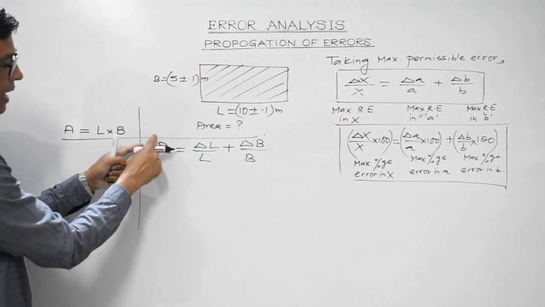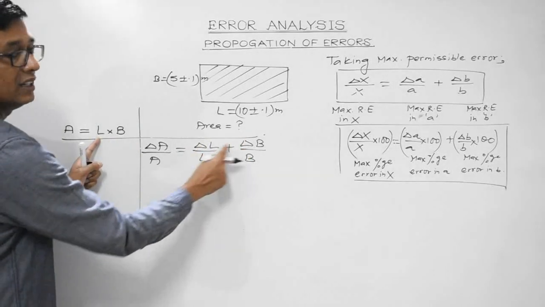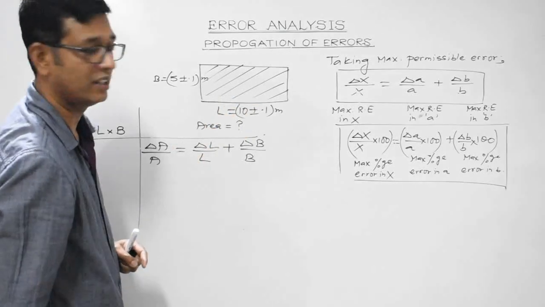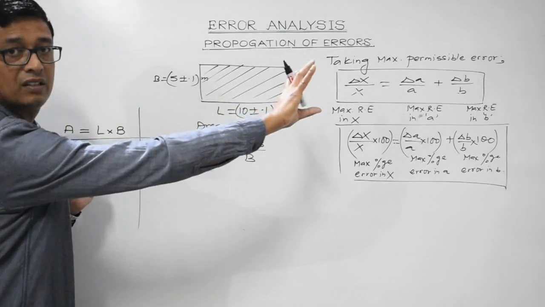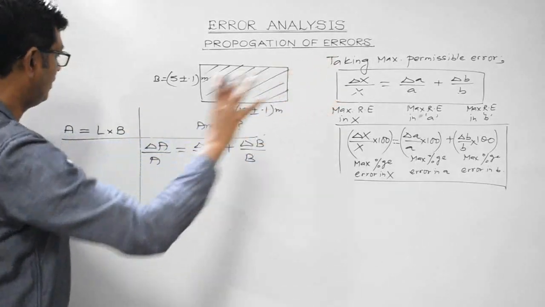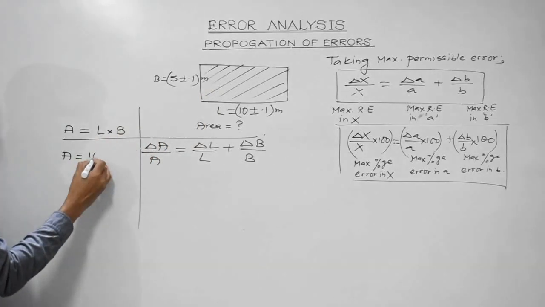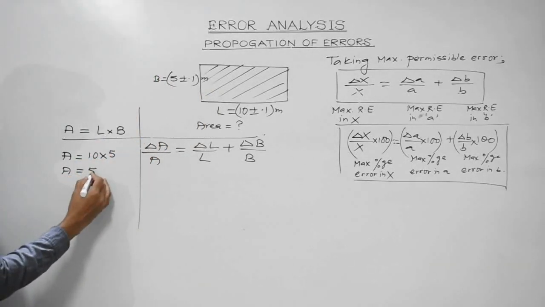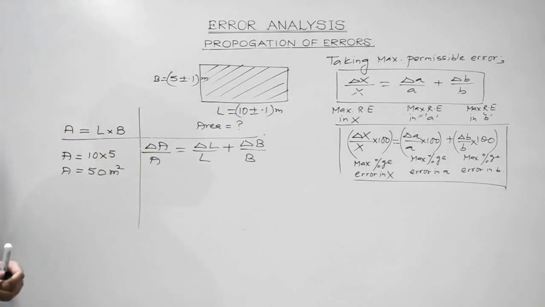The maximum absolute error in the result is given by the addition of the maximum absolute errors in length and breadth. I made use of this result which we have obtained, right? So, the true value is dealt with separately, and errors are propagated and dealt with separately, right? Let's find out the true value. What is the true value of the length? 10 units. What is the true value of the breadth? 5 units. So, the area would be 50 meter square.